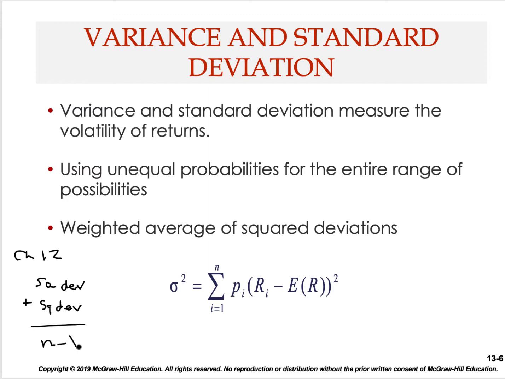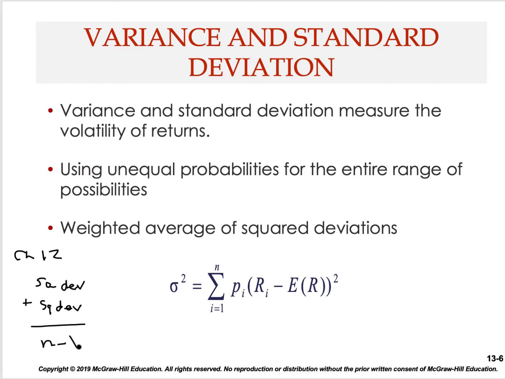Okay, so now, since we're dealing with probabilities, it's important that we recognize that the probabilities are used to account for the division. So remember, the standard deviation is nothing more than the square root of the variance. When we come to class on Monday, you should know that right off the bat.